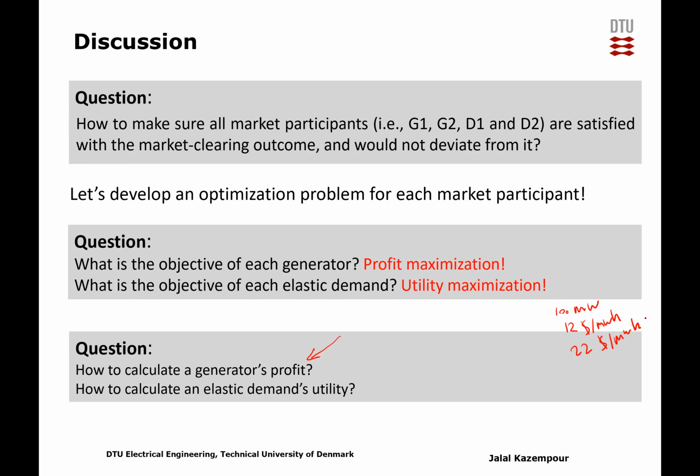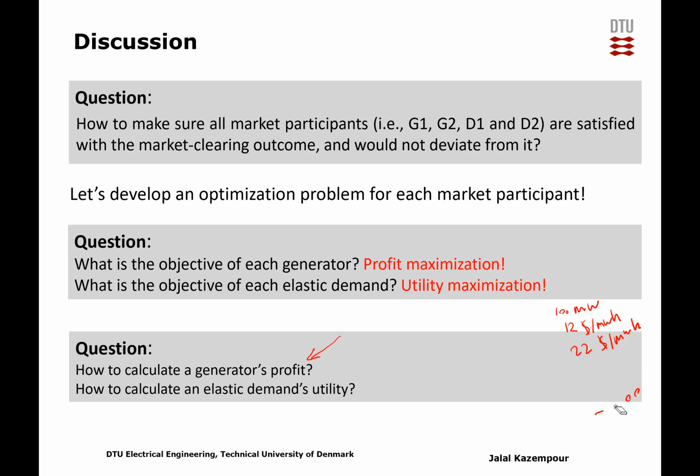So how much is the profit of this generator? 1,000, exactly. So (22 minus 12) times 100, it's $1,000.